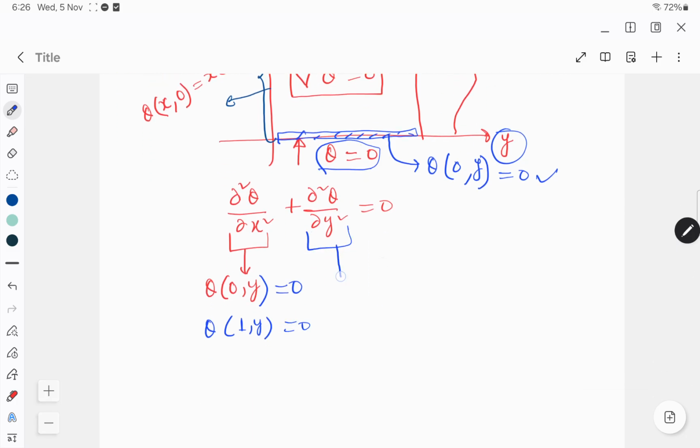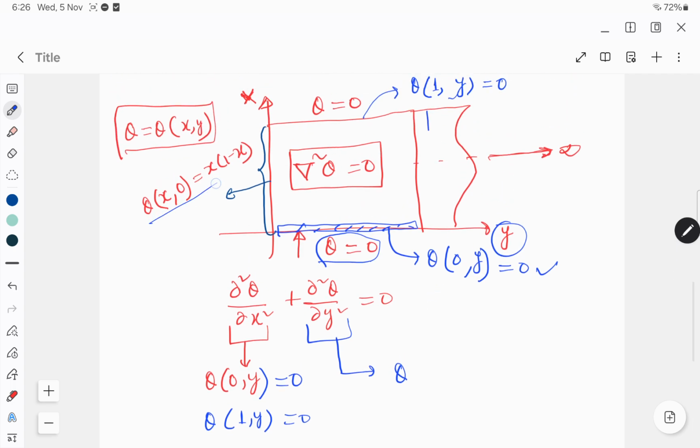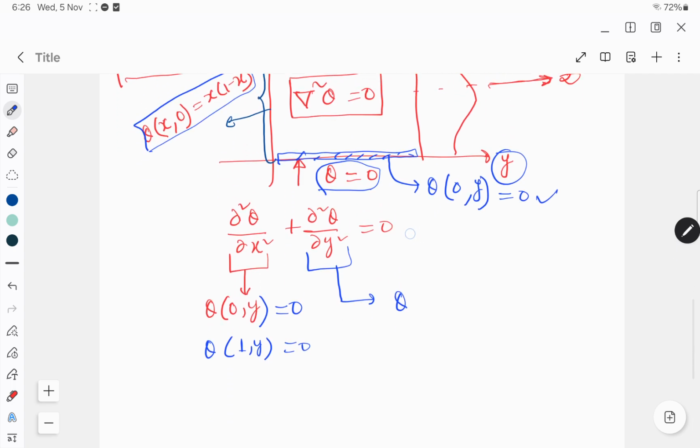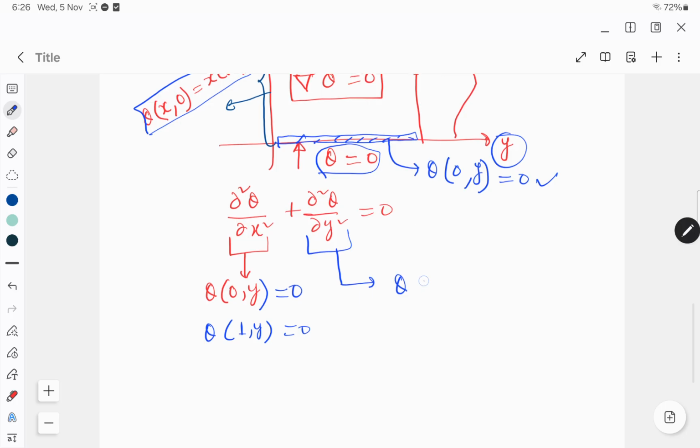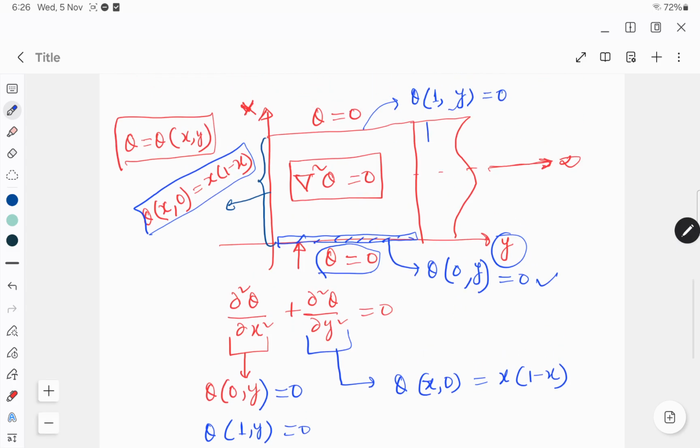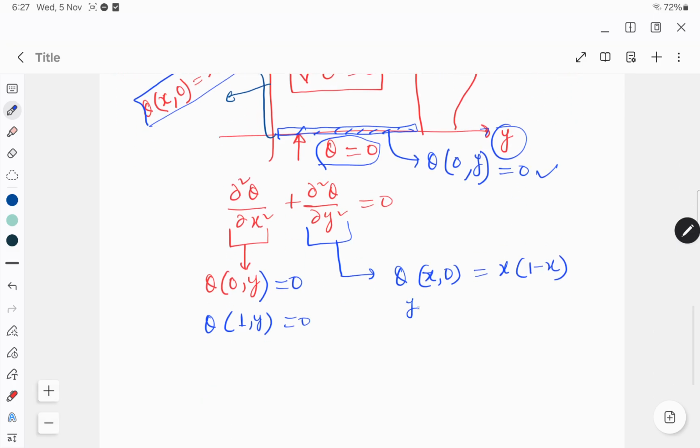Now with respect to y also, because it is second order, you need two boundary conditions. The other boundary condition would be at infinity in the y direction, so y tending to infinity.